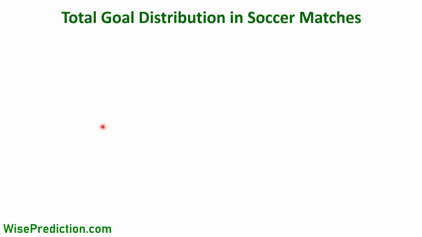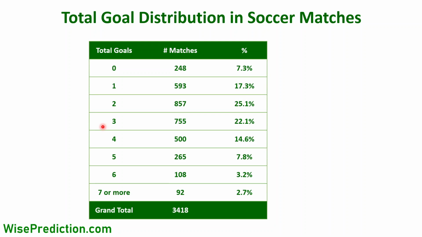Before looking at the accuracy results so far, let's first have a look at the number of goals distribution for the matches that we've had predictions for since August 21st. We've had predictions for 3,418 soccer matches since then.